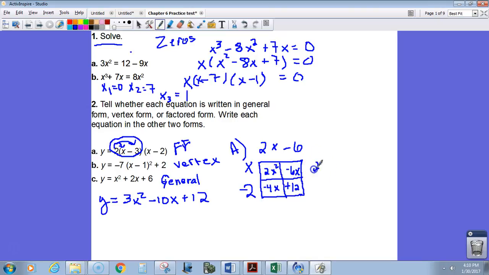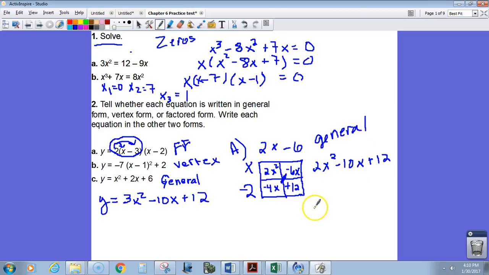And when we combine it, we get 2x squared minus 10x, I combine that negative 6 and that negative 4, plus 12. Okay, and now I have general form, right? So I just simplified it, general form.